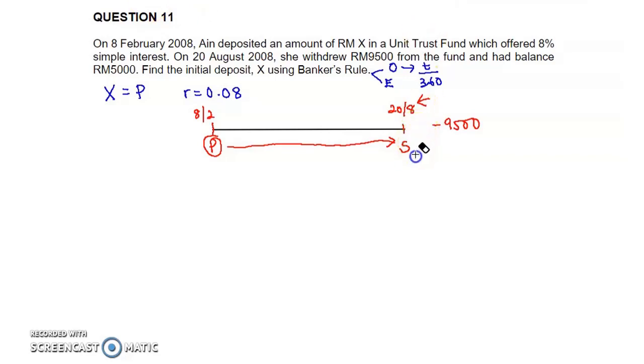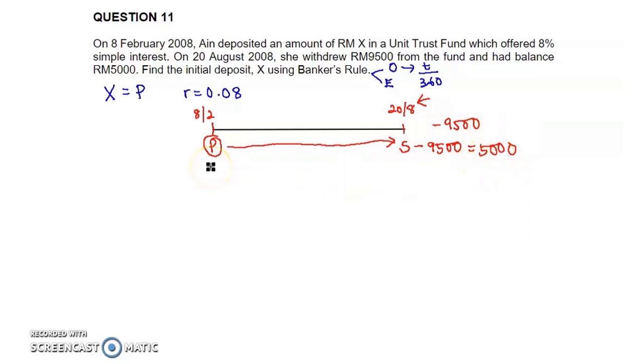So we can write it as S minus 9,500, and then balance we have 5,000 ringgit. That's how we write this sentence into mathematical sentence.